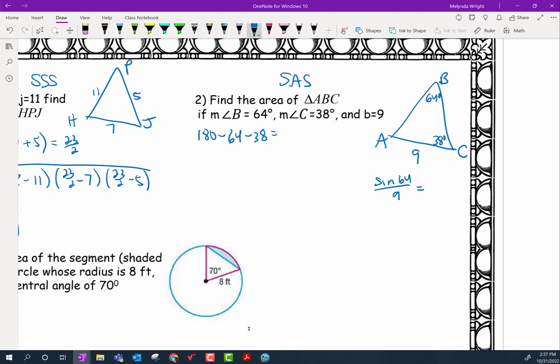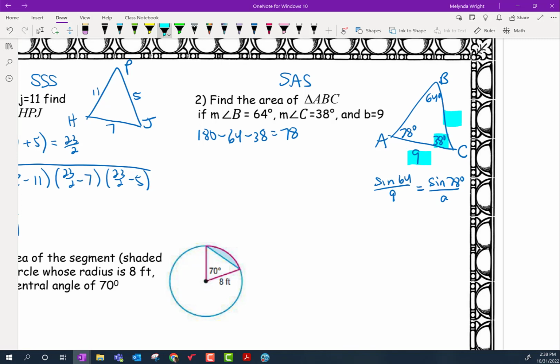That's going to give me 78. So 78 is my missing angle measure. That's a 9. And so I'm going to do sine of 78 degrees over A. So I'm going to find side A so I can get side, angle, side.